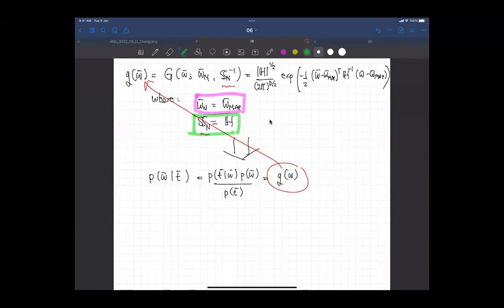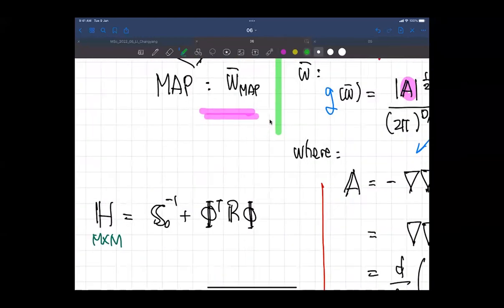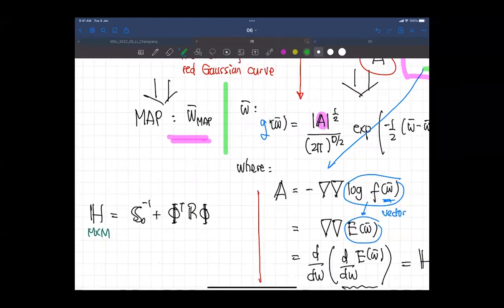This is equal to S0 plus phi transpose of... What's this? This one, right? I have to go back to the MLE. Let me click that one.